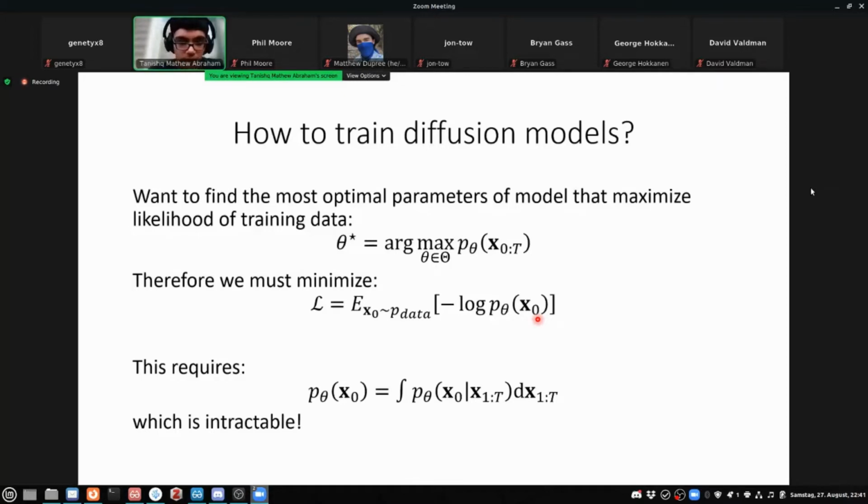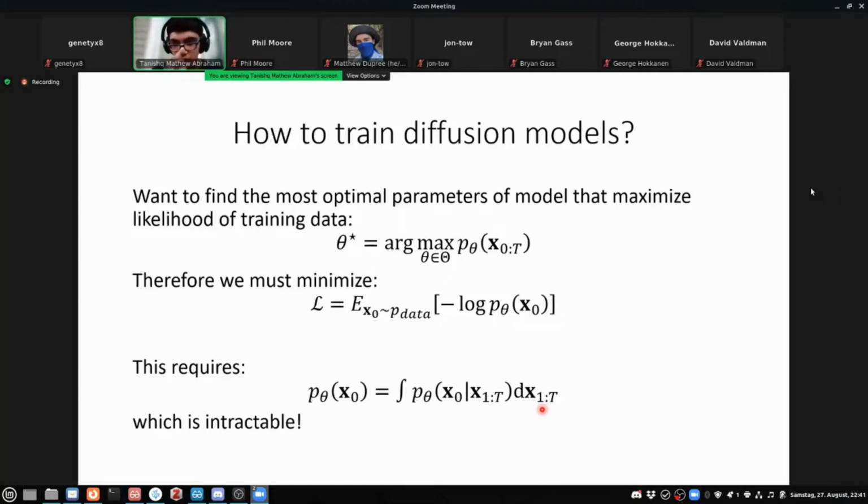So if we wanted to get this function, we have to marginalize out those latent variables. That means you have to integrate over all possible values of those latent variables, which, as you can imagine, is intractable. So directly optimizing this log likelihood is not possible.